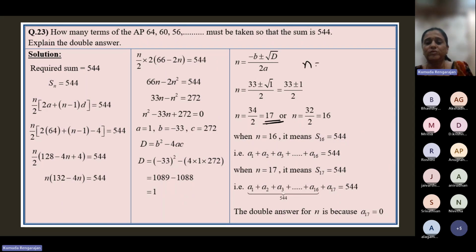Supposing you have n equal to 36 and n equal to 37, the double answer is because the 37th term is 0. So 16, 17: the double answer for n is because the 17th term is 0.